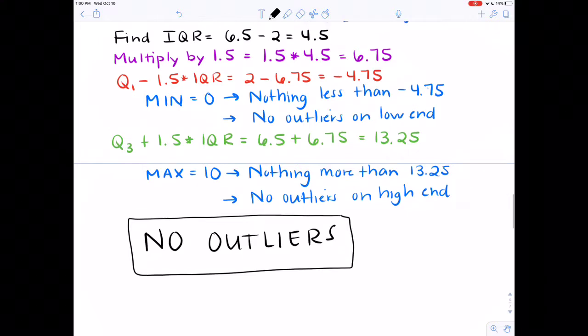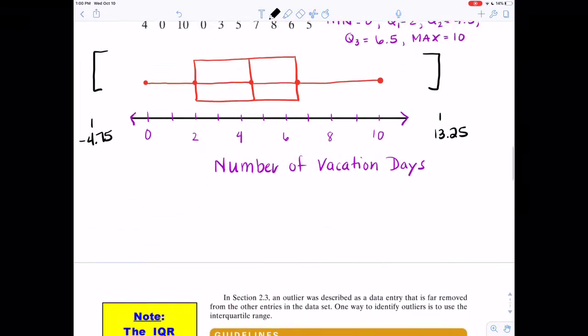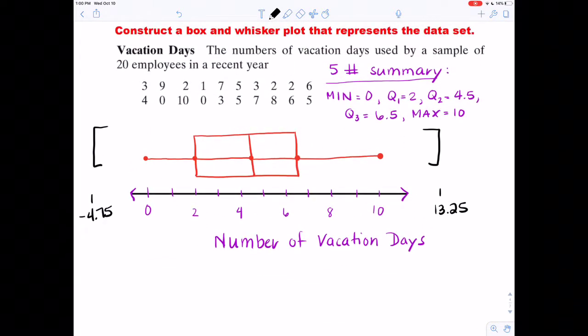Now something else you can do with this is look at these values in terms of your box and whisker plot. I've drawn you a little sketch of that here. These numbers that we calculated are often called fences because what you're looking to see is if anything goes past those fences.